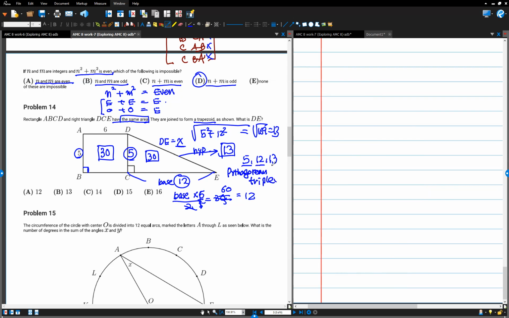That means all these 3 sides form a right triangle. Do you remember Victoria? 3, 4, 5 and 5, 12, 13. The next is 8, 15, 17. Most popular ones, memorize these. So this is already a right triangle: one leg is 5, the other is 12, the hypotenuse is 13. That's the answer.